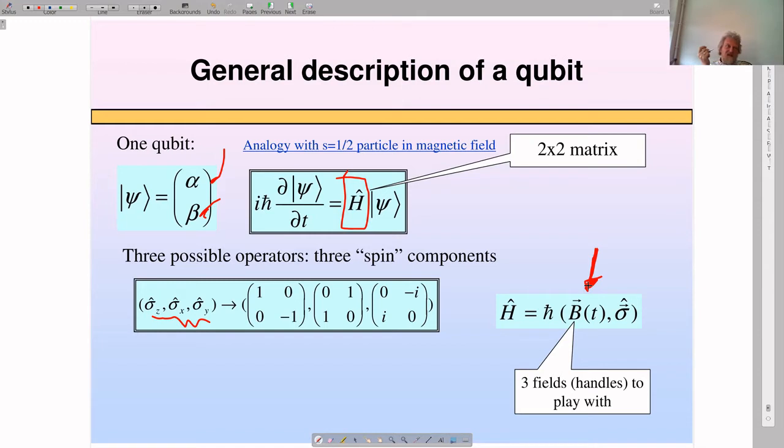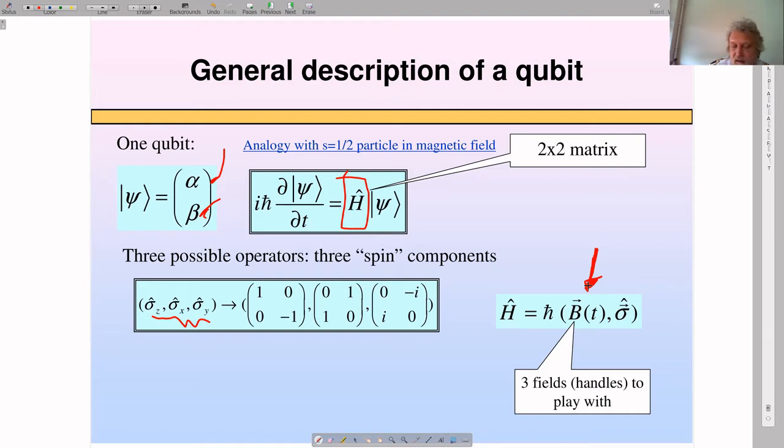For electron spin, those are the three components of the magnetic field. For other realizations of qubits, it can be, for instance, gate voltage and magnetic flux, many things. But the concept of these three handles is important.